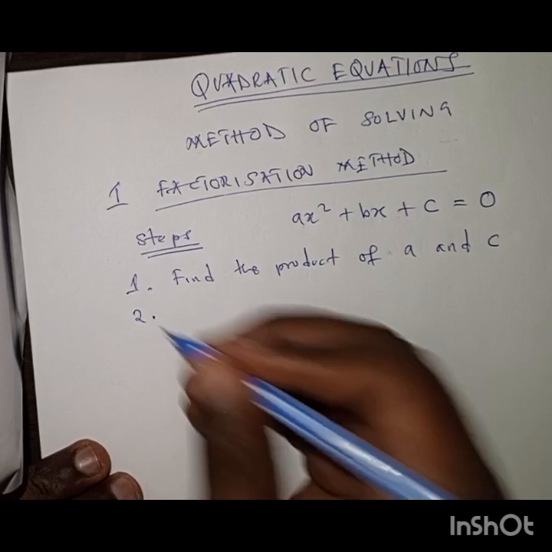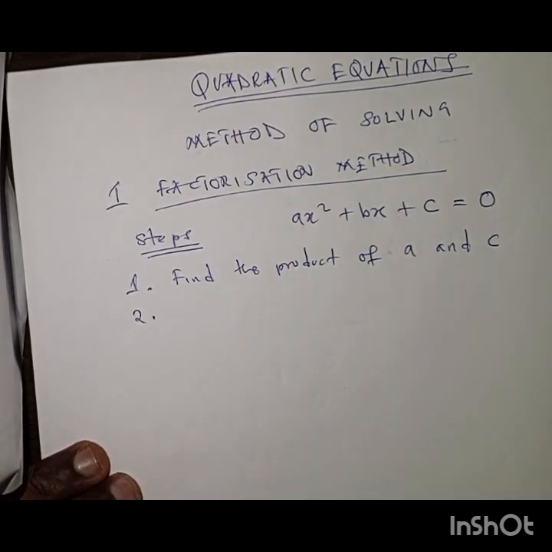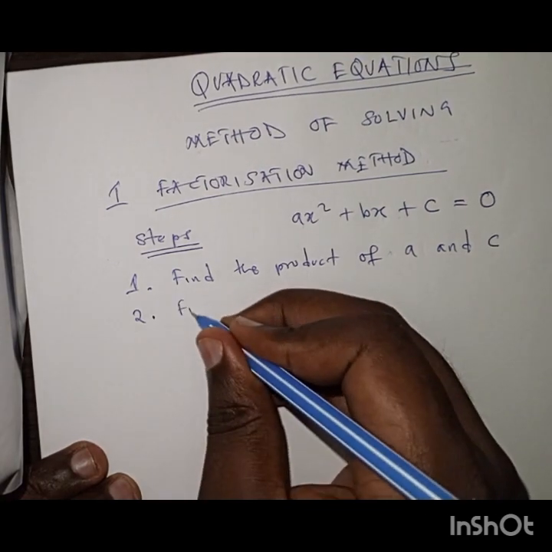Then step two, you find the sum. Find the two factors of AC whose sum is b.